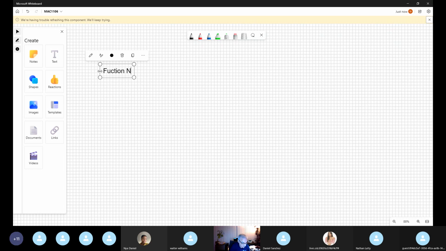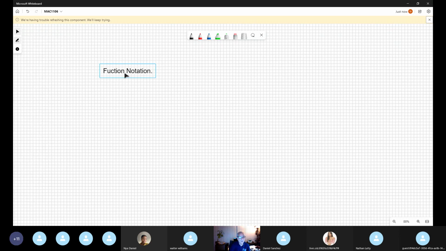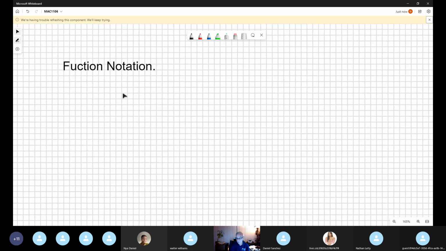Function notation. Super useful in algebra. What is the typical format for the function notation? Well, the format for the function notation is... I forgot M, no?